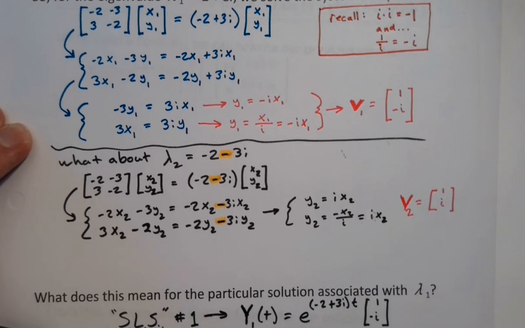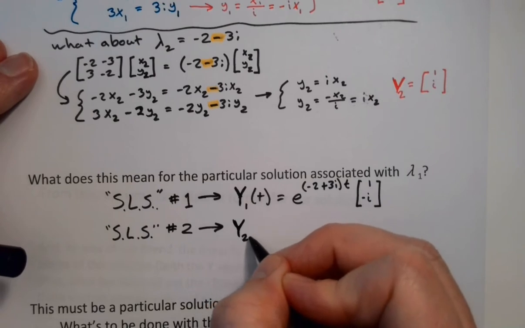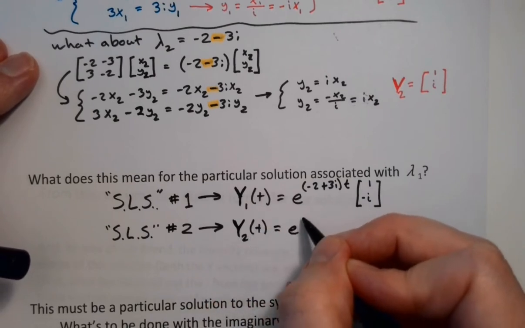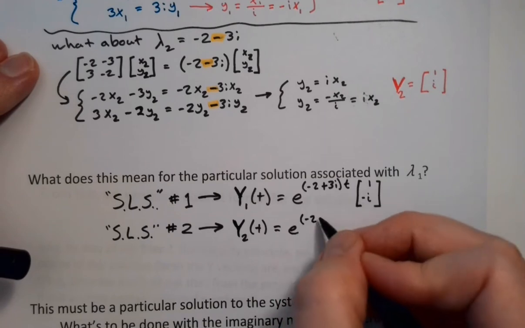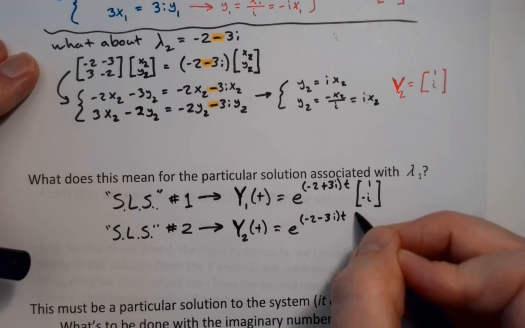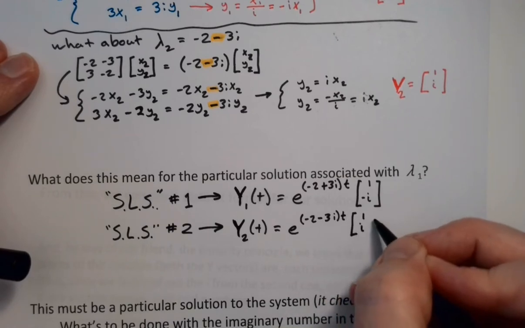And the straight line solution number 2 is going to be, oh, sorry, I'm writing it like you can't see it. e to the negative 2 minus 3i t times its eigenvector, which is strangely similar, just not minus.